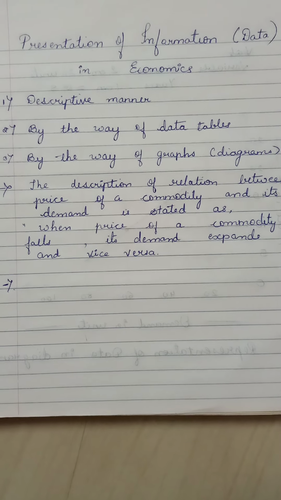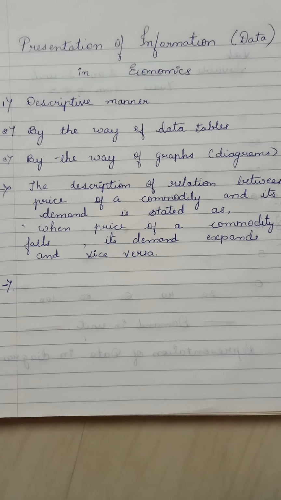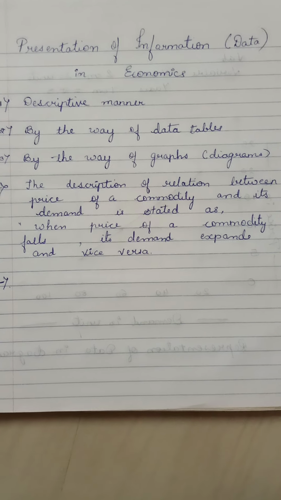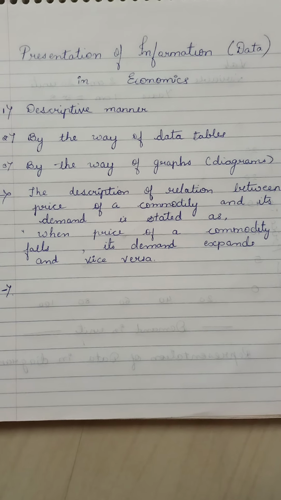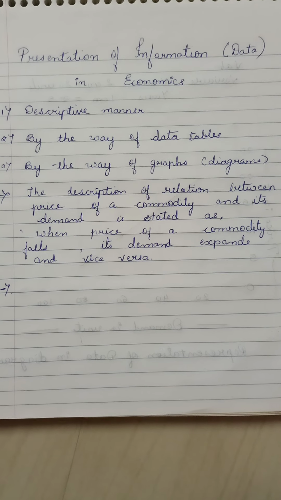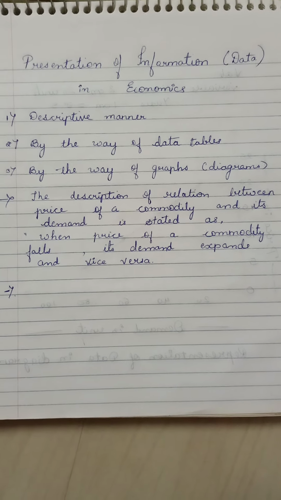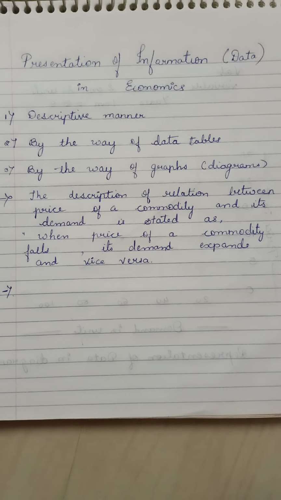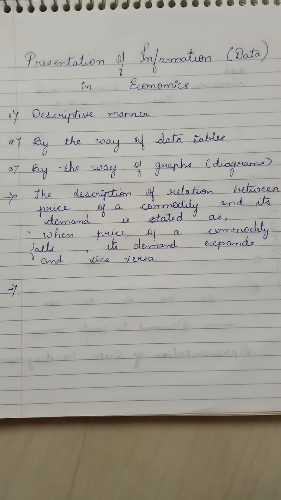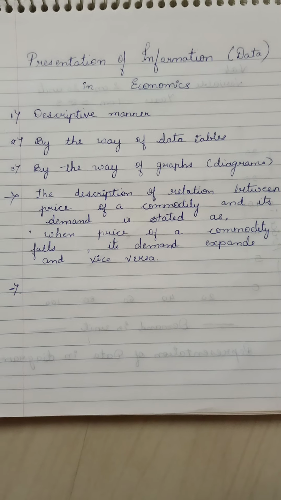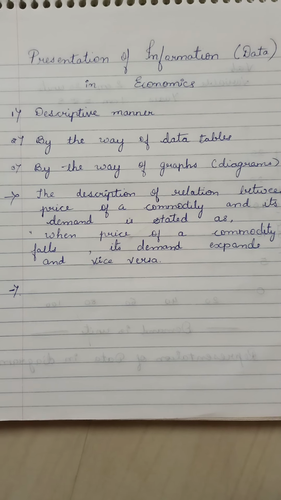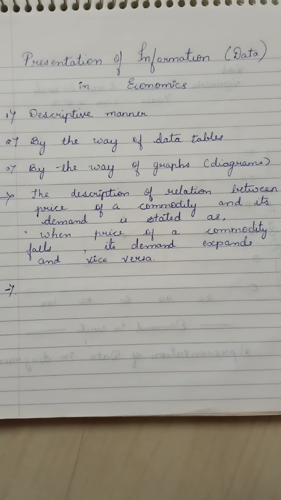Whenever the price of a particular commodity falls, that is, the price decreases, the demand rises and expands. Vice versa, whenever the price of a particular commodity increases, the demand does not expand and goes down. So it is inverse. We can write the demand and the price of a commodity in this method, that is, the descriptive manner.